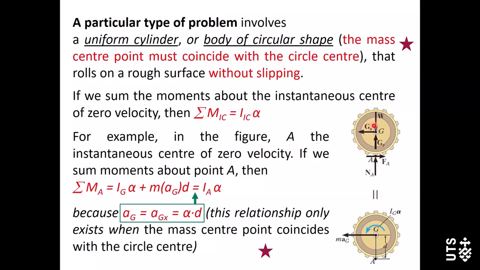So that's the free body diagram. That's a kinetic diagram. Because this is a rolling without slipping problem, you know the contact point between this rigid body and the contact surface must be an IC point.